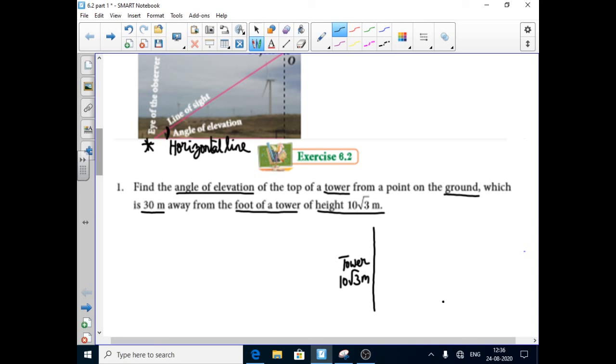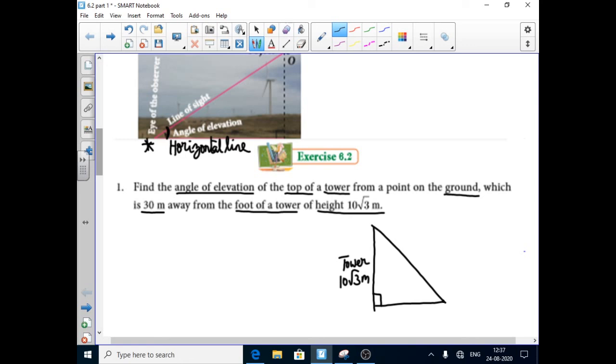Height of the tower. There is a person on the ground observing the top of the tower. This is the top of the tower. Here they won't give the height of the observer; only if it is given would we need that concept. Here you can draw directly. This angle is 90 degree.